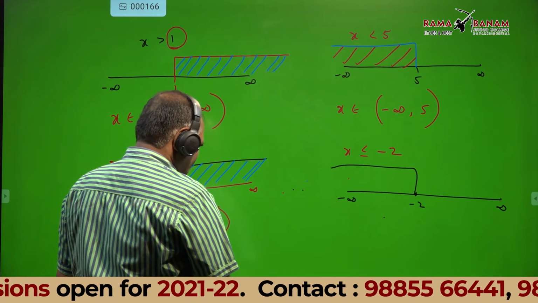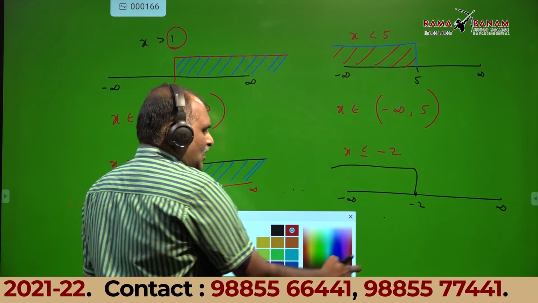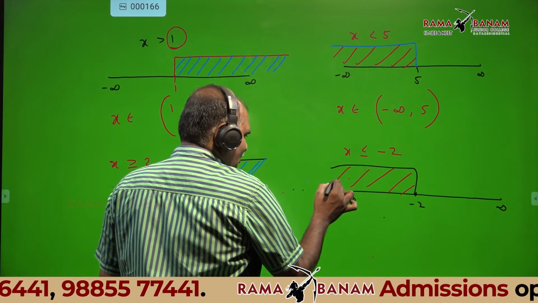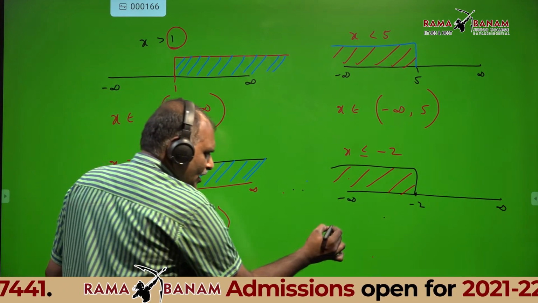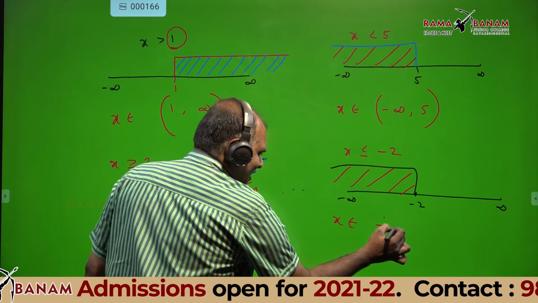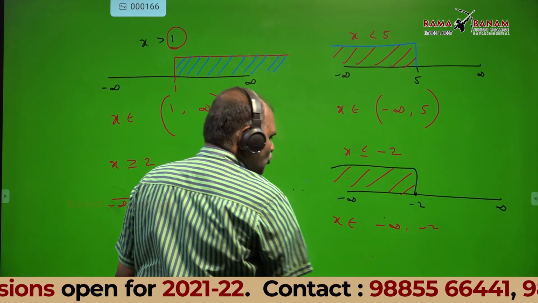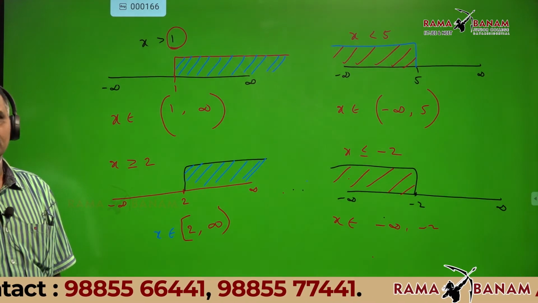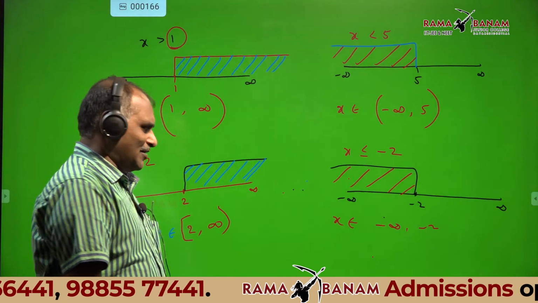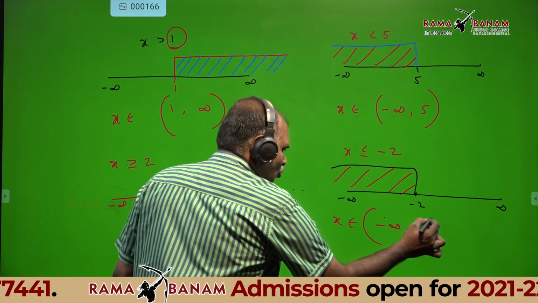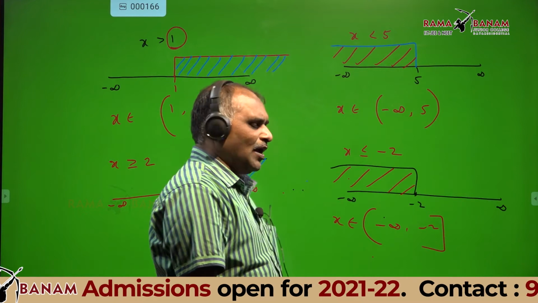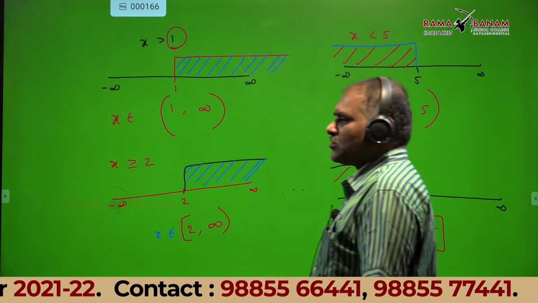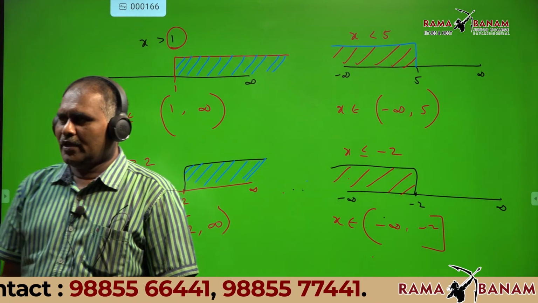This is the region. Therefore x belongs to minus infinity to minus 2. Is minus infinity open or closed? Very good. One side is open, the other side is a square bracket. Any doubt? Any doubt is there?